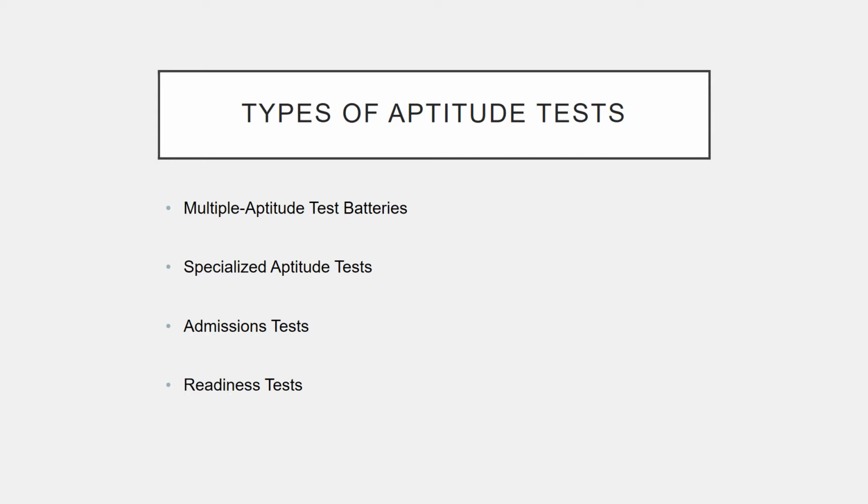So it's very oriented towards the future, and it's oriented towards potential, right? So there are a couple of different types of aptitude tests that we are going to take a look at. We'll look at multiple aptitude test batteries, specialized aptitude tests, admissions-related tests, and then readiness tests.